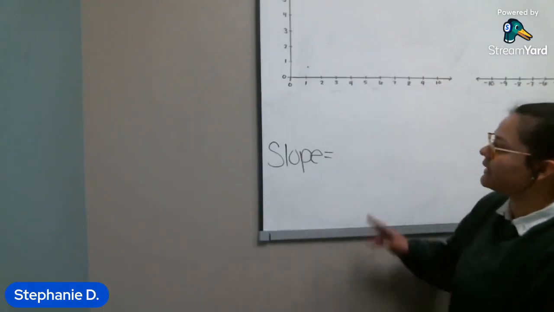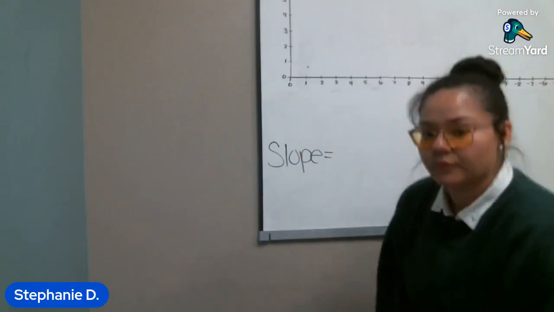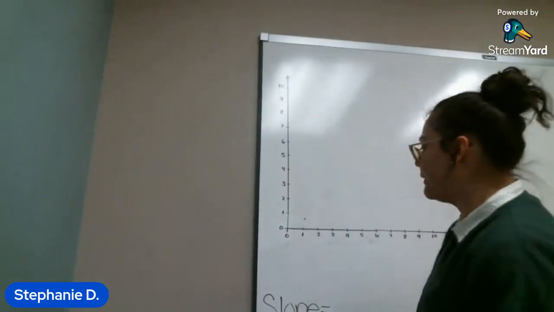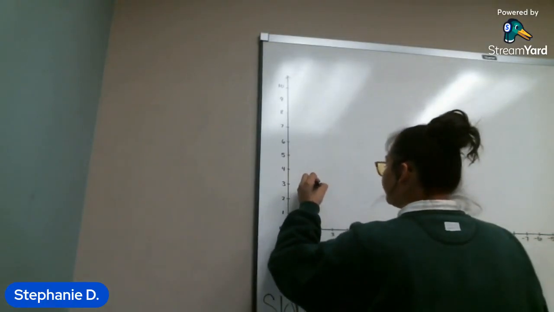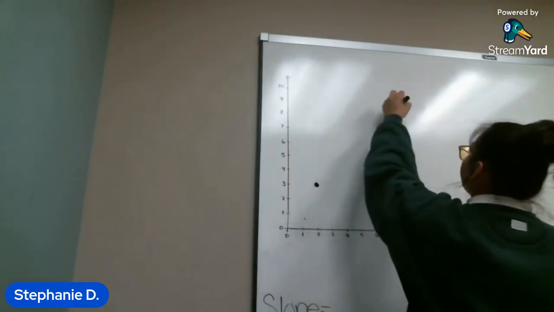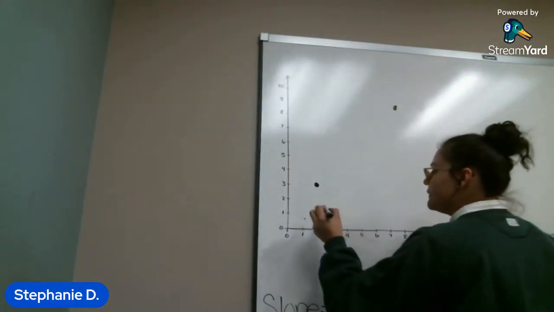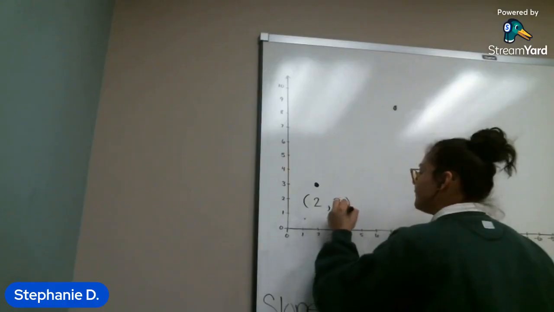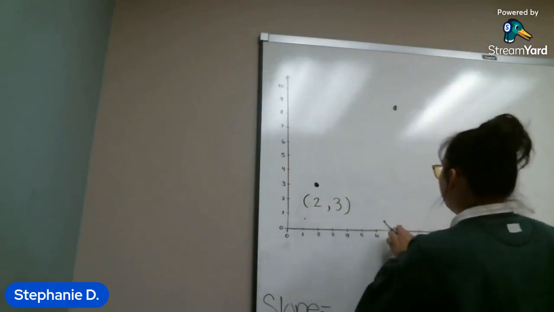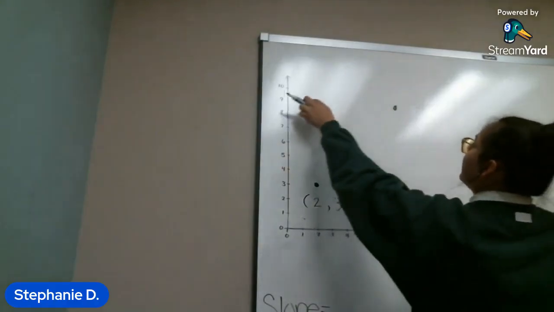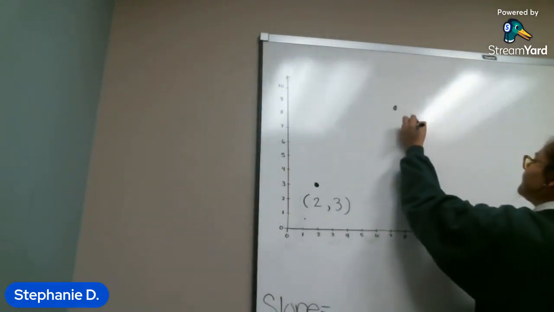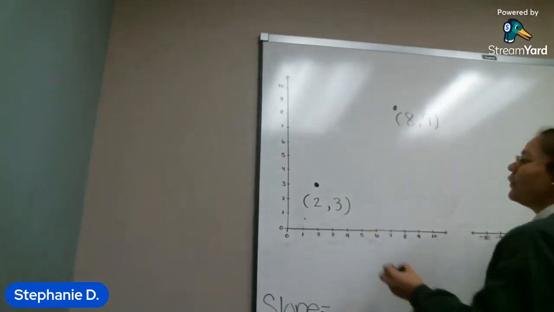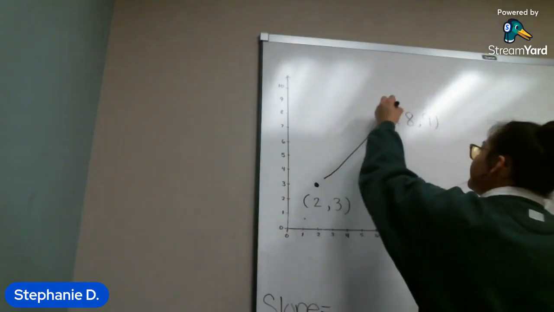Because when we're looking at slope, we want to find the difference between one point here and another point over here. We have 2 and 3, and here we have 8 and 9. We want to find what that slope is.